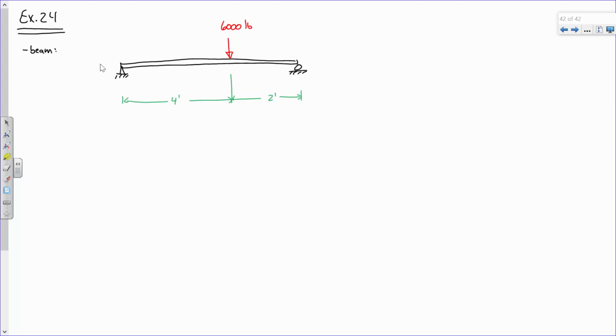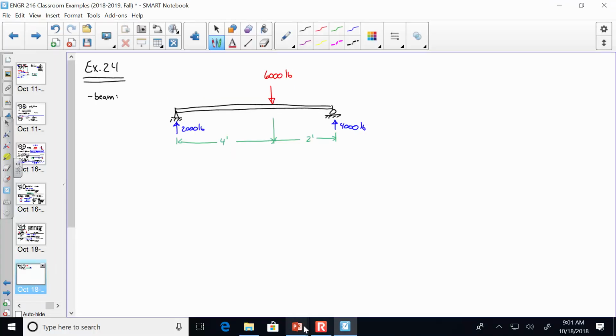One of the things I did not give you on this example are the support reactions, but would it be all right if I just told you that this support reaction over here is 2,000 pounds, and this reaction over here is 4,000 pounds? Or do we need to go through that? I mean, we can.